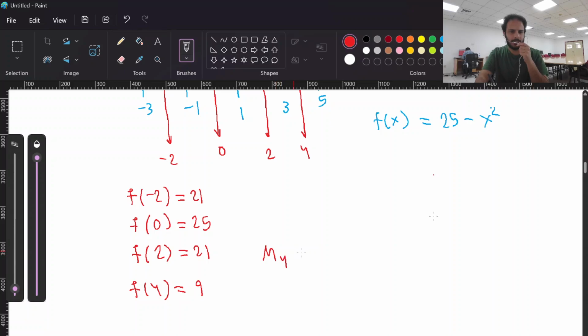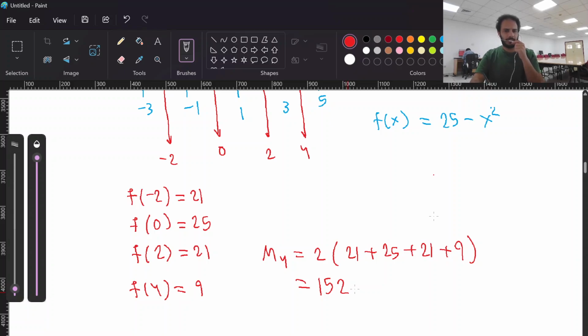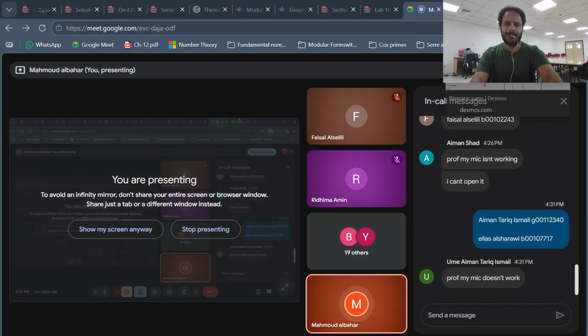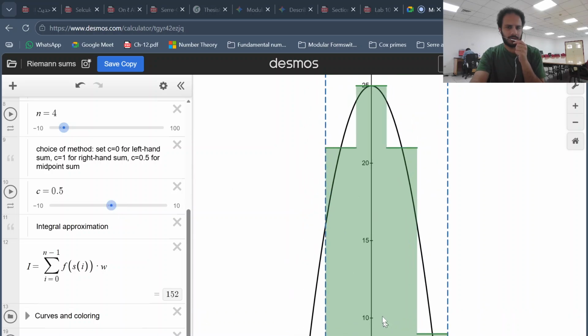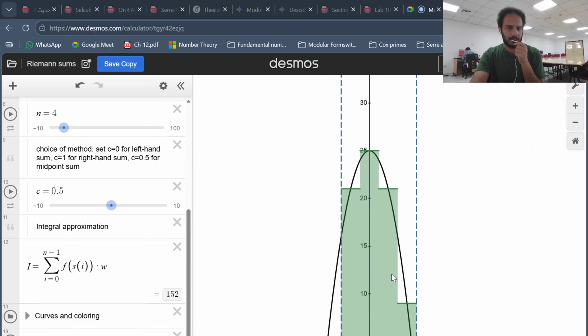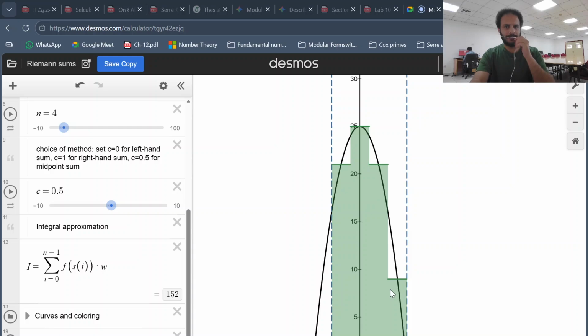So the midpoint sum equals 2 times (21 plus 25 plus 21 plus 9), which equals 152. Good. Now let's see the graph of the midpoint. You use C equals 0.5. For this one, it's clear that we have 4 rectangles, and the result is 152.